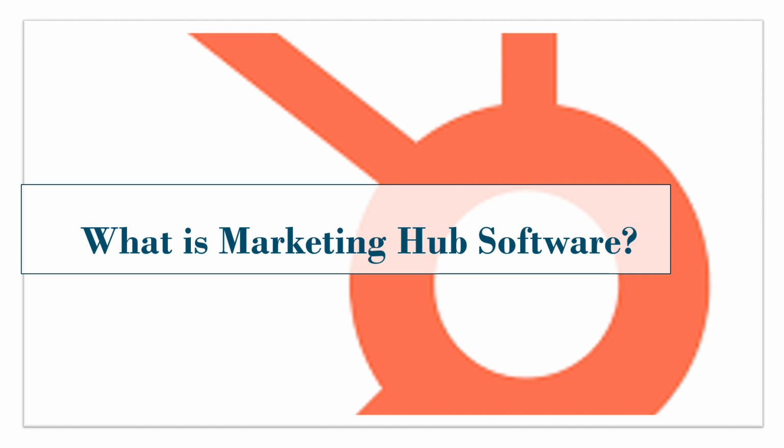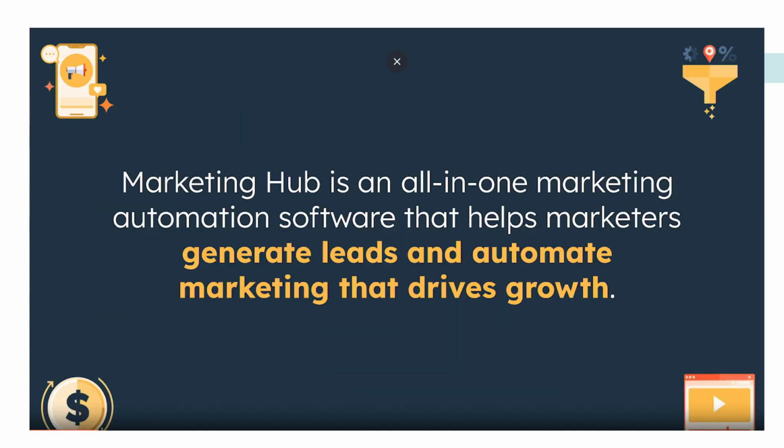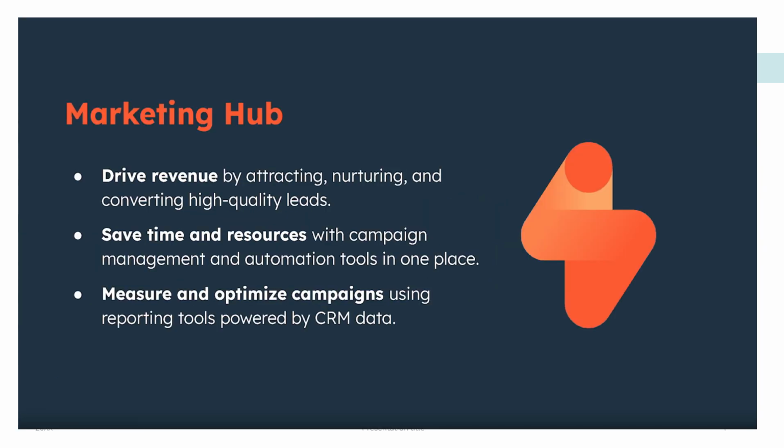So with this, the first question that comes to mind is, what is Marketing Hub software? Marketing Hub software is all-in-one marketing automation software that helps marketers generate leads and automate marketing that drives growth. It is designed to help you first drive revenue.